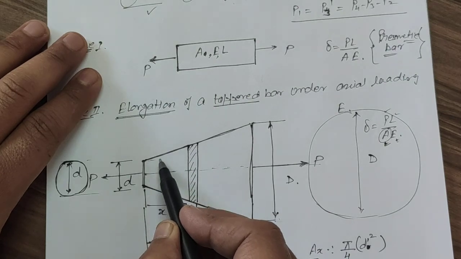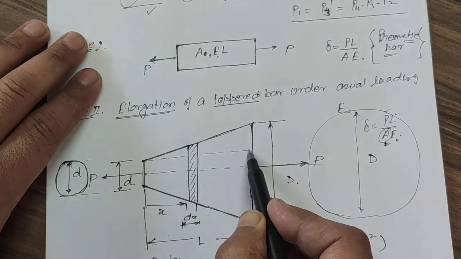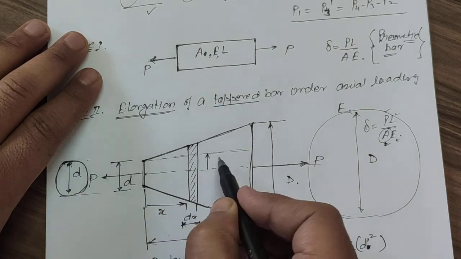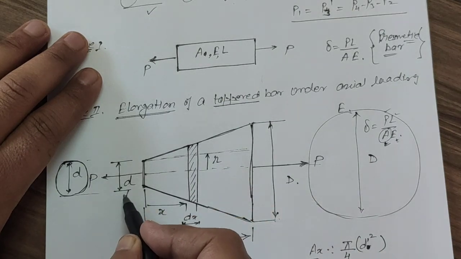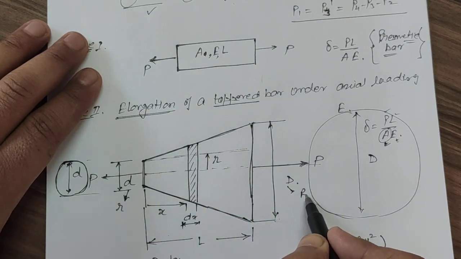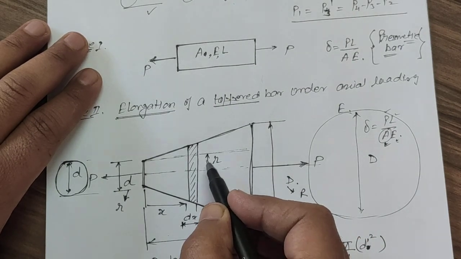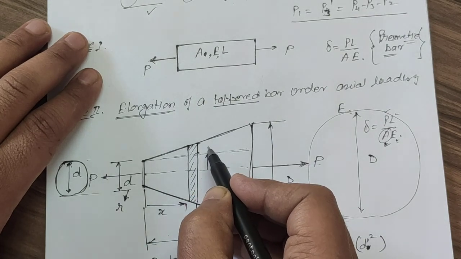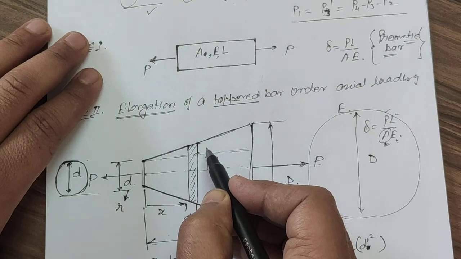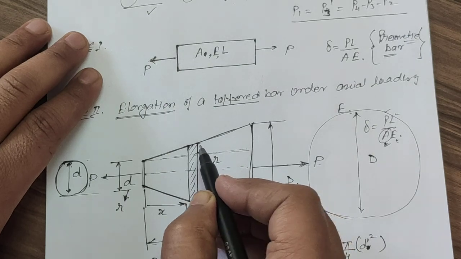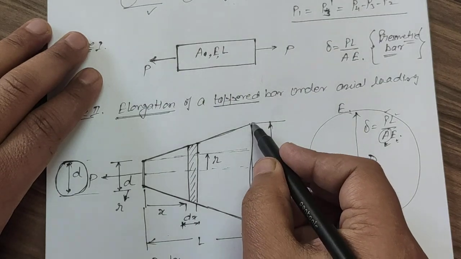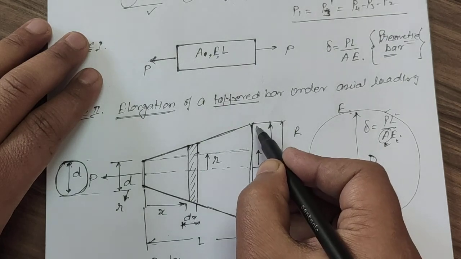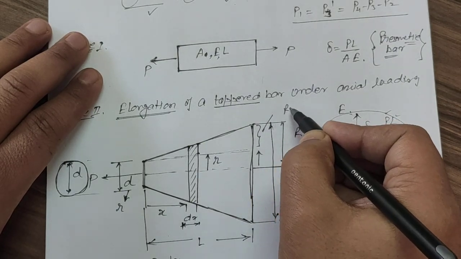For d dash, draw a parallel line here. We have taken a parallel line, so this value will be equal to d. Let's say corresponding to this one we have small r, and corresponding to this one we have capital R. So this will be equal to r. Now we have to calculate this value, let's say this value is r dash. From here to here this is capital R, this is small r, so this value will be equal to R minus r.